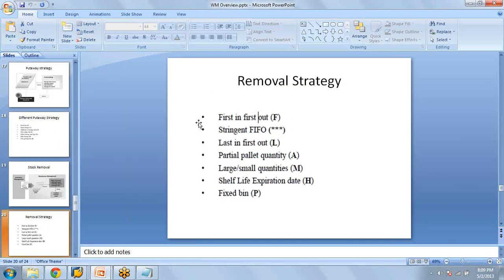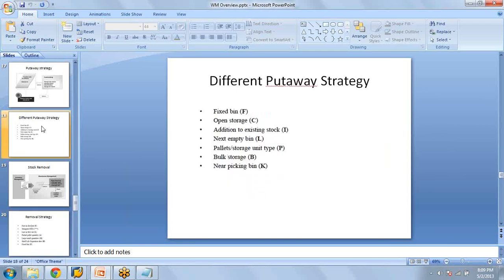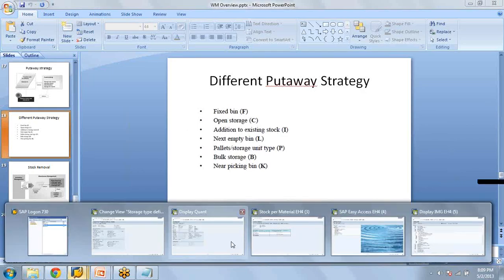If you want to activate this first in first out picking strategy, then every time you should go for the next empty bin. The reason is, as I told you, in this quant you cannot activate this addition to existing stock.